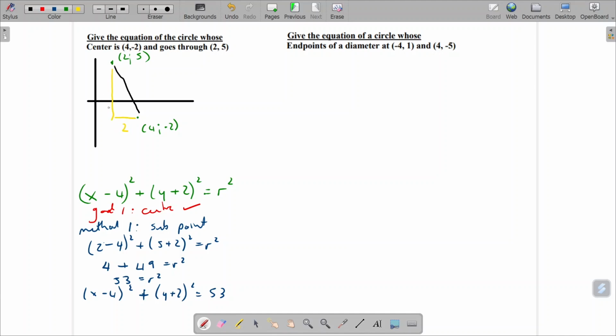The change in y is going to be from 5 down to -2, which is 7. So we know that therefore the distance equals the square root of 2² + 7², which we should be able to do in our head because 2² is 4 and 7² is 49. So 4 and 49 is 53.